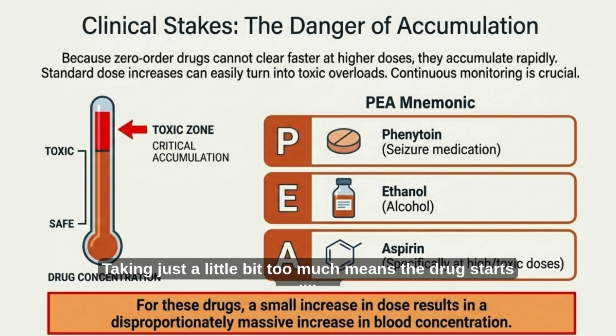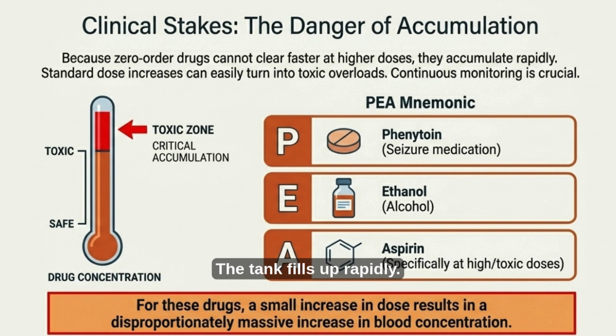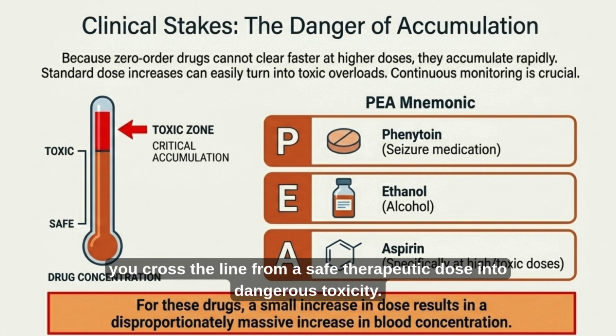Taking just a little bit too much means the drug starts piling up in the body faster than it can be removed. The tank fills up rapidly. And guys, that is exactly how you cross the line from a safe therapeutic dose into dangerous toxicity.